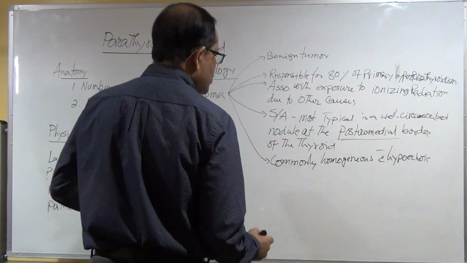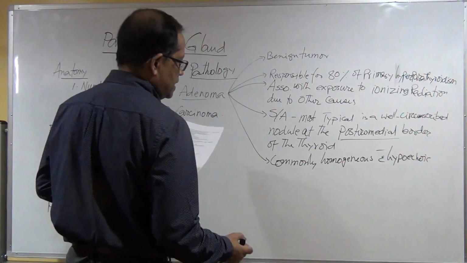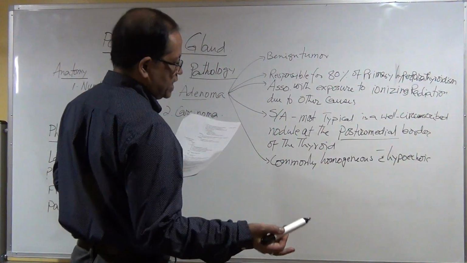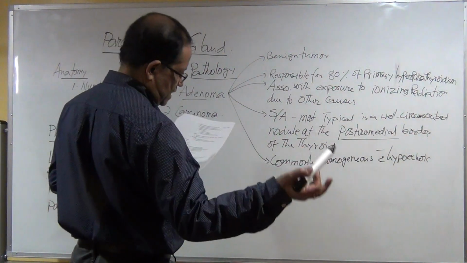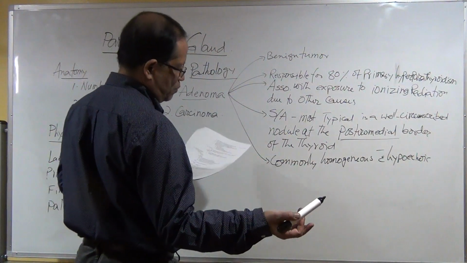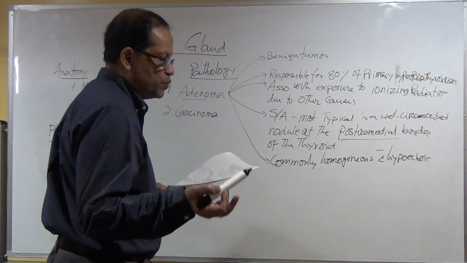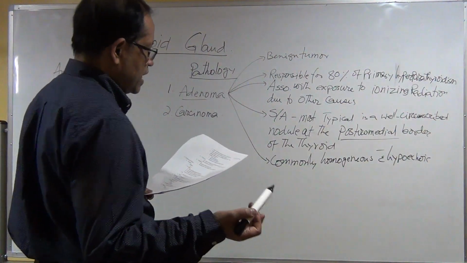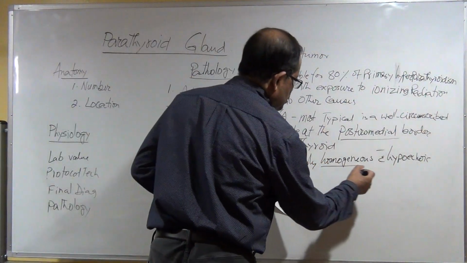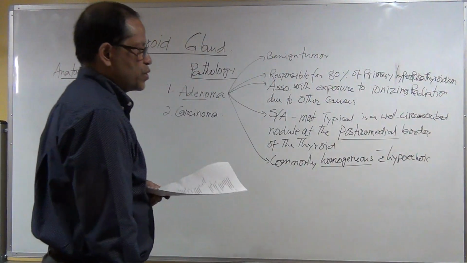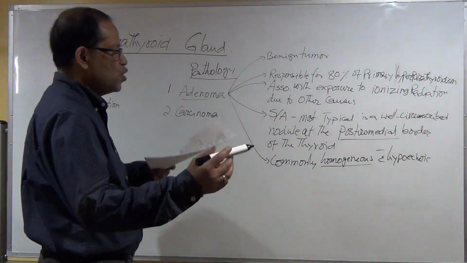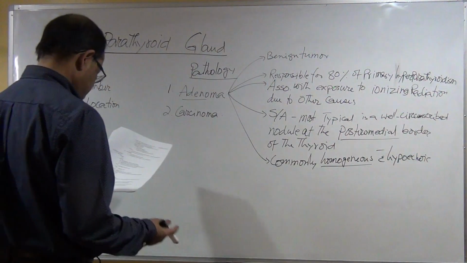It is more hypoechoic than the thyroid gland, so that way we can differentiate it. Because of the position, and being more hypoechoic and homogeneous, it could be parathyroid gland. Hypoechoic means it is darker than the thyroid gland.